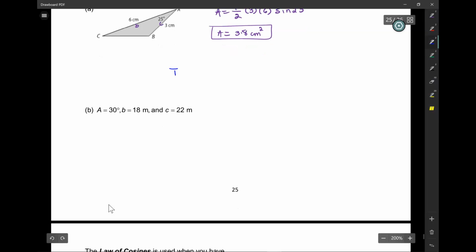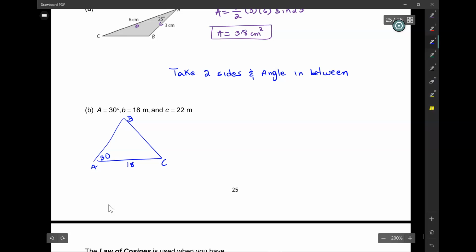So what you have to do is take two sides and the angle in between. All right, look at this one. Let's draw this. A, B, C. A is 30 degrees.